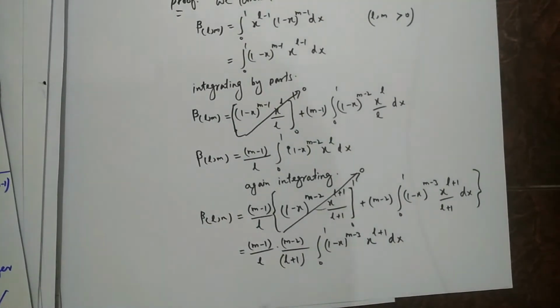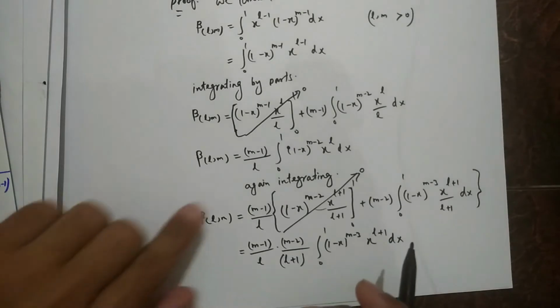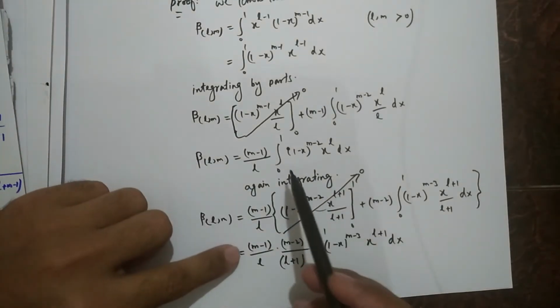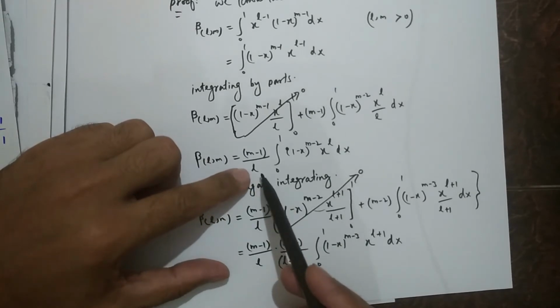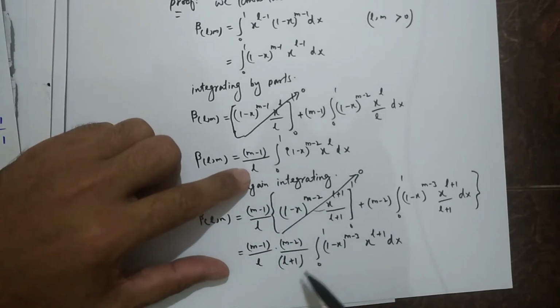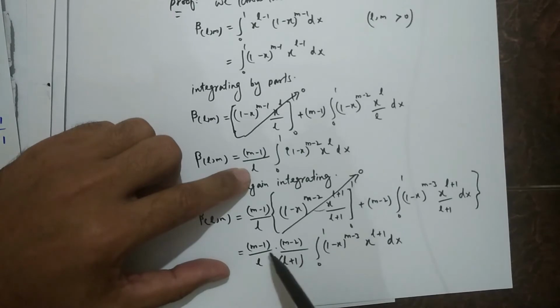So again and again integrating, you see that after the first integration we got m minus 1, and in the denominator we got L. After integrating for the second time we got m minus 2, and here we got L plus 1. So we see that m is decreasing while L is increasing.